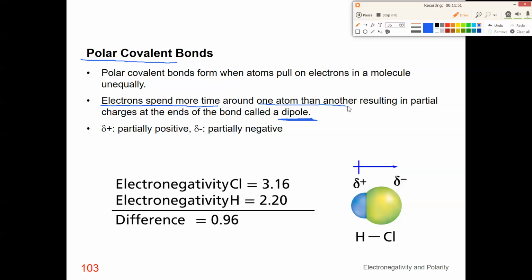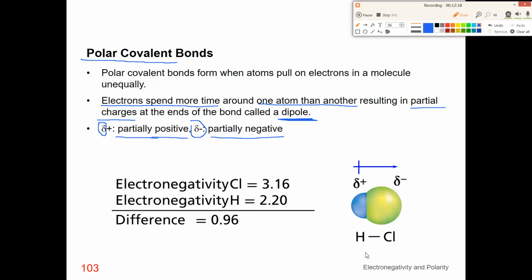That gives a partial charge, not a real charge, at one end versus the other. We use the Greek letter delta: delta plus means partial positive, not real positive, and delta minus means partial negative.